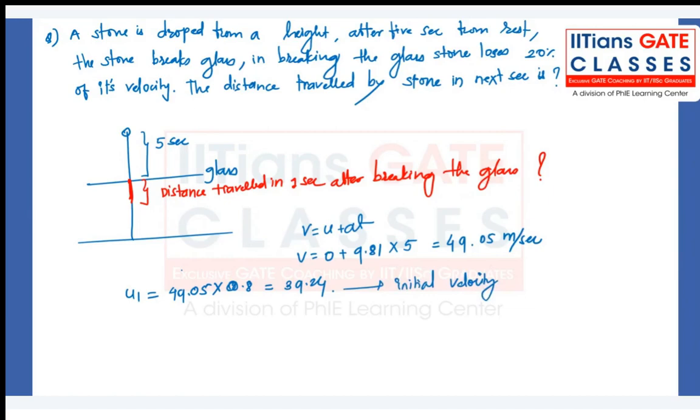So what we have to calculate is displacement or distance traveled. This is equal to ut plus half of at square. u is 39.24, t is 1 second, plus half of 9.81 into t, which is 1, square. How much? Close to 45 you should get. 45 is the correct answer.